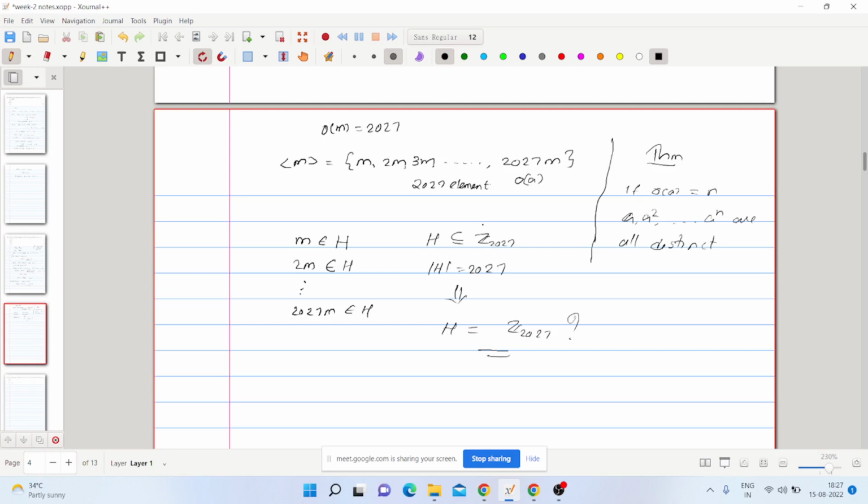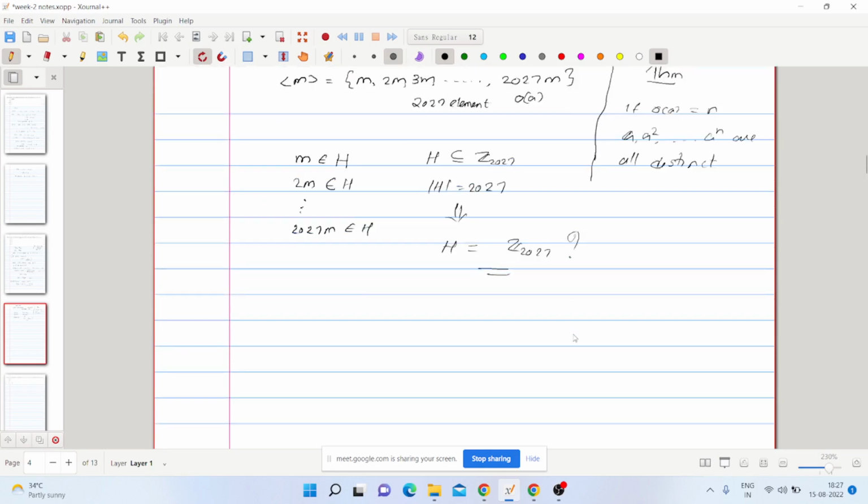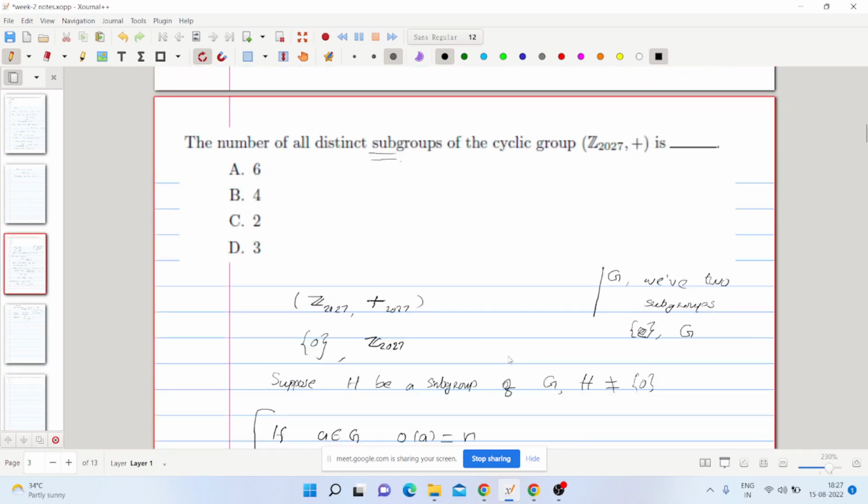What we started with is that H is any non-trivial subgroup, such that there exists a non-trivial element, that is, a non-zero element in H. If there exists a non-zero element in H, all the elements, that is, if M is in H, then 2M up to 2027M are in H. That means H finally becomes the set Z 2027. So what will be the conclusion?